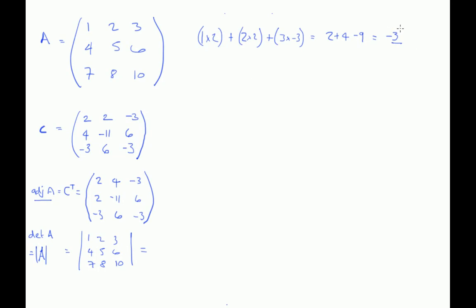Okay, so in order to work out the inverse of the matrix, we take the adjoint of the matrix A, so this one here, and then the inverse is given by the adjoint matrix divided by the determinant.